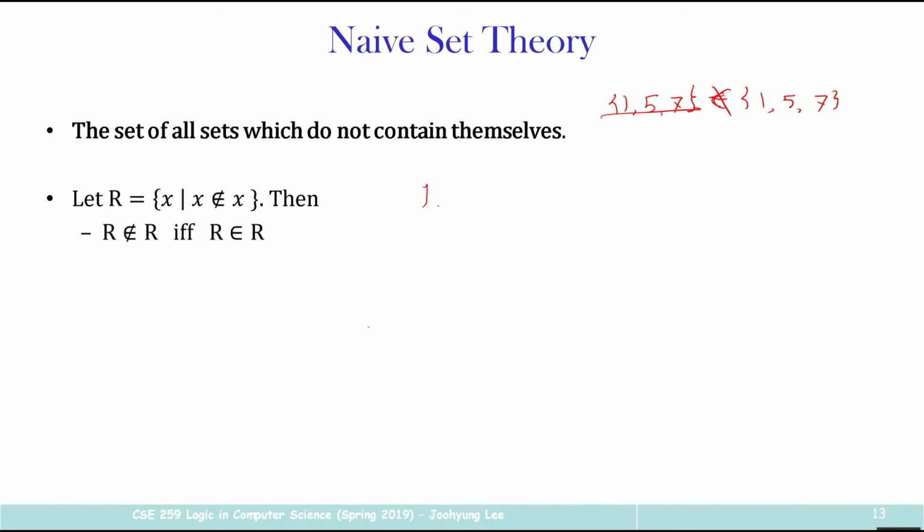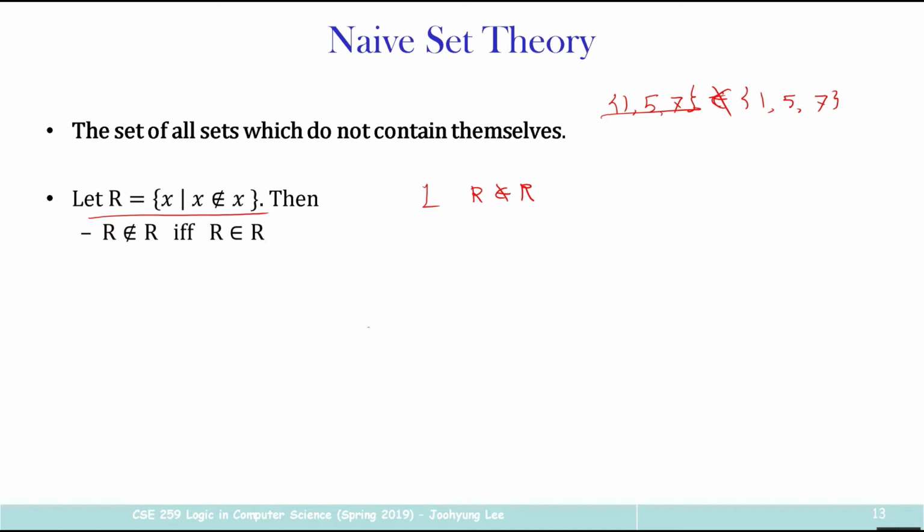So suppose you can define this set, and let's assume we have an element that satisfies this relation: R is not a member of R, like {1, 5, 7} was not a member of {1, 5, 7}.